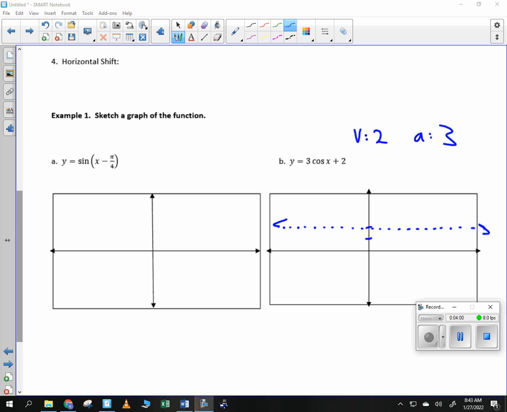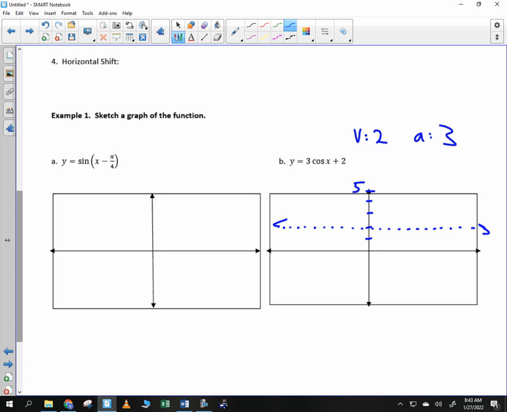All right, here we go. So, Tanner, you said 3, right? And you're right, that's the amplitude. But if I start here, you see it's going to go up to 5. From here, it goes up 3 units. 1, 2, 3. So it goes all the way up to 5.